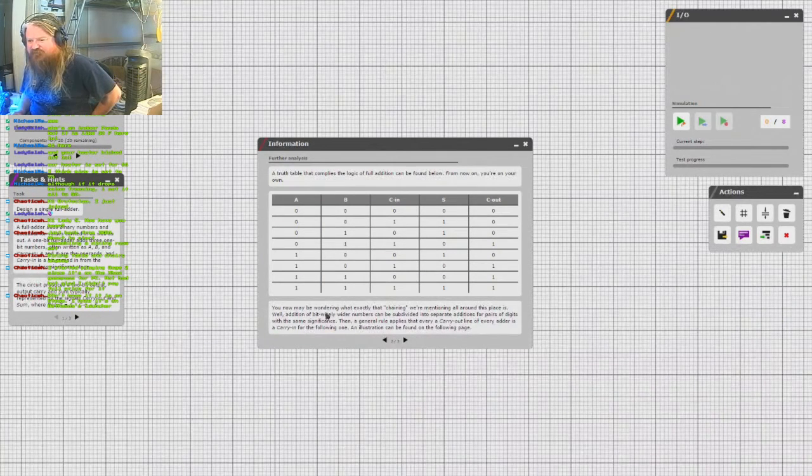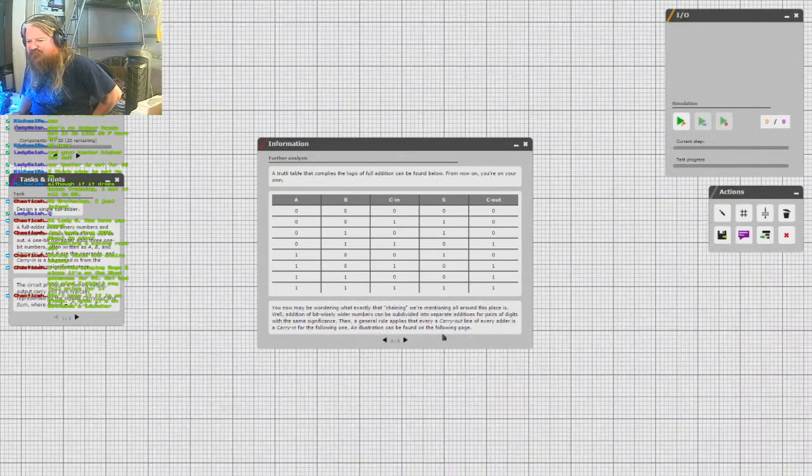You now may be wondering what exactly the chaining we mentioned all around this place is. Well, addition of bitwisely wider numbers can be subdivided into separate additions for pairs of digits with same significance. Then, a general rule applies that every carry out line of every adder is a carry in for the following one.